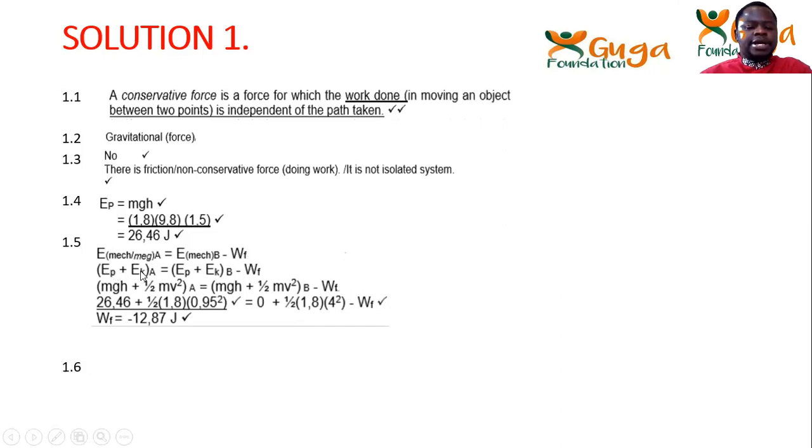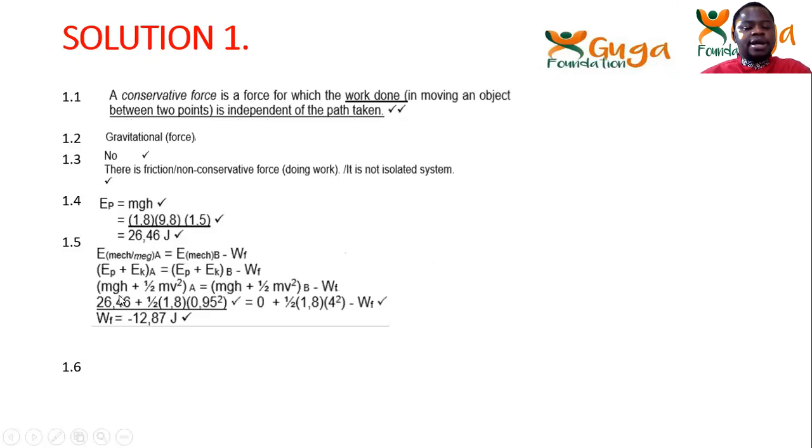So EP plus EK of the object at A, when it's still up, is equal to EP plus EK when it's down at B, minus WF. If in this case there was no friction, you were going to exclude WF, and then just solve what you are requested. So here EP is mgh plus half mv squared. Note that when the object is at point B, you don't have a height, so your h will be 0, so everything here will be 0.